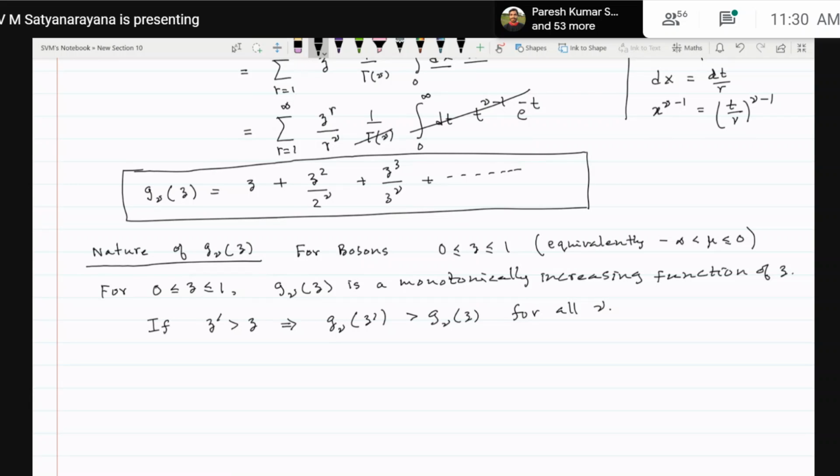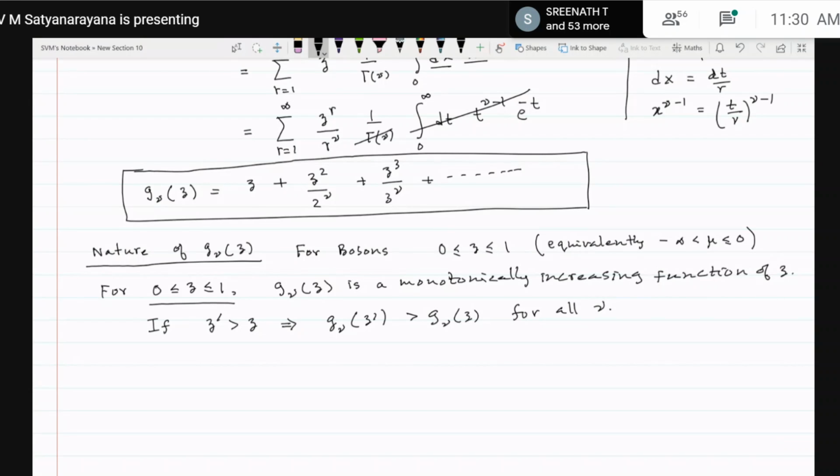Of course, this is true if z is positive, and for our situation, z is positive. If it is not positive, then the r terms will take negative signs, and then this monotonically increasing condition will not be satisfied. But since here the fugacity is a positive quantity, g nu of z is a monotonically increasing function. Okay, so far so good.